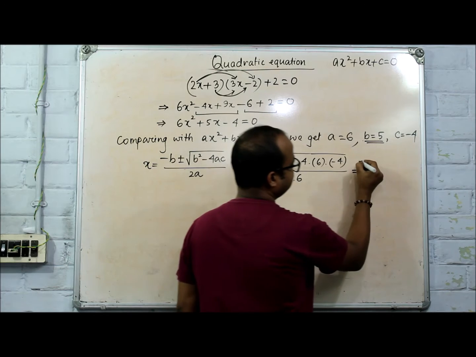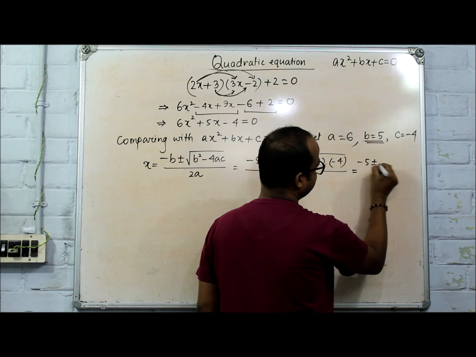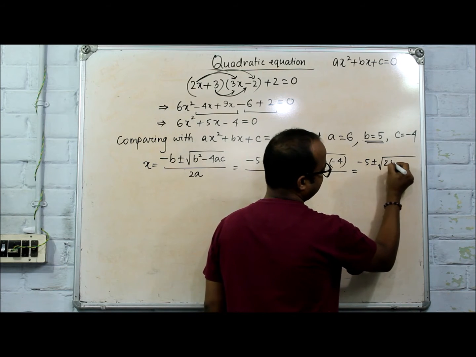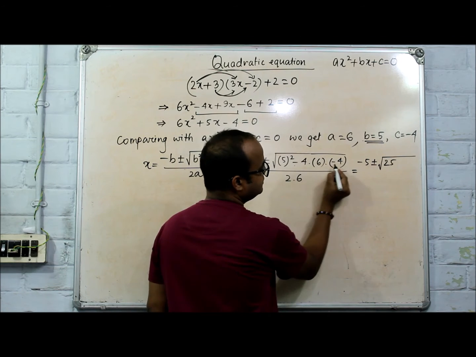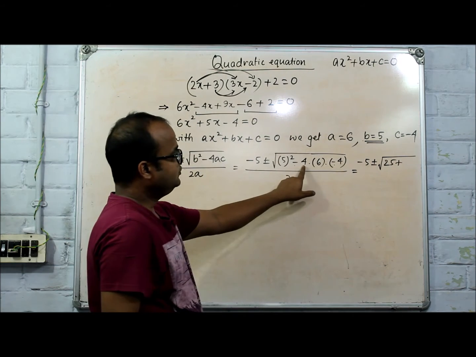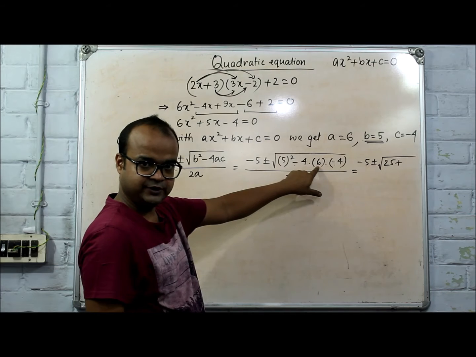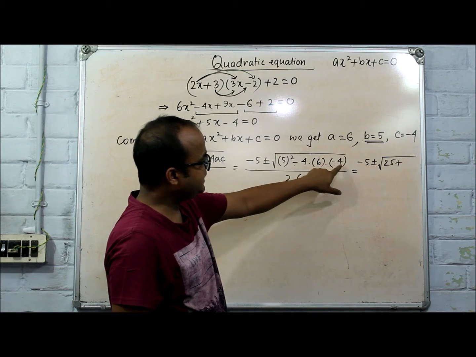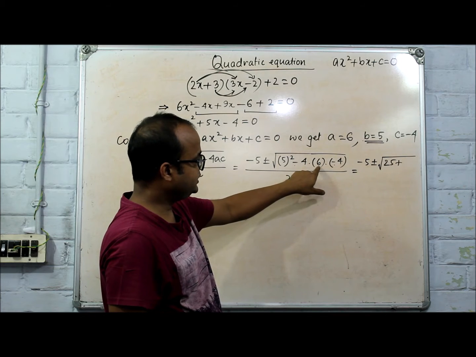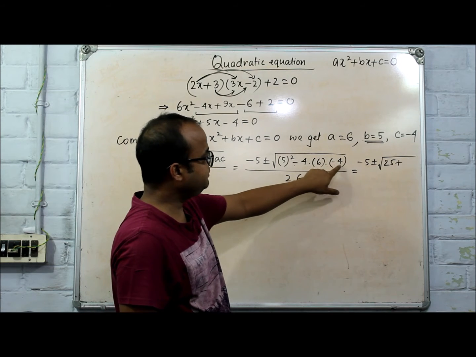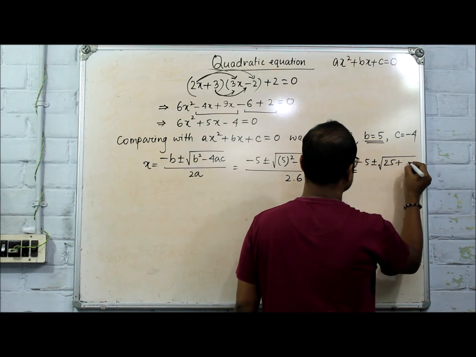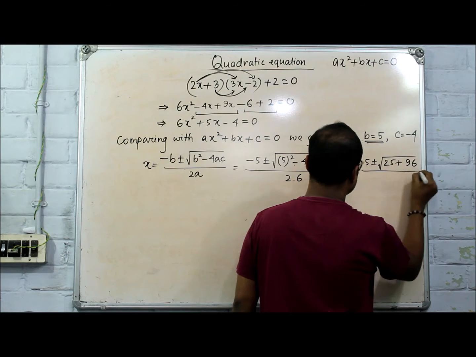So minus 5 plus minus square root of 5 square means 25 minus plus 4 into 6, 24. 24 multiplied by 4, 96, by 12.